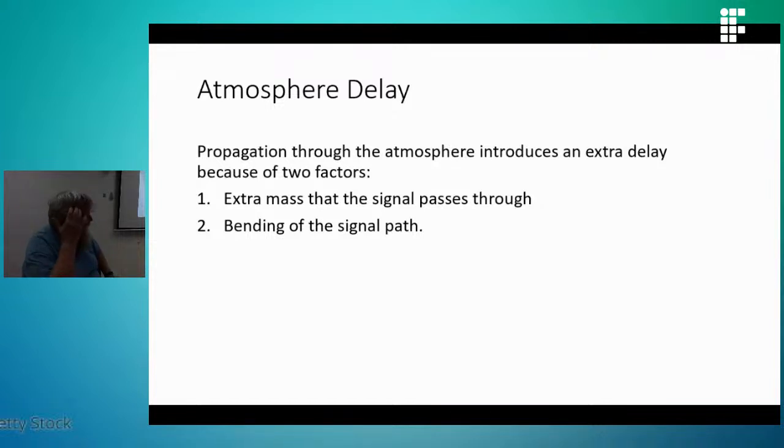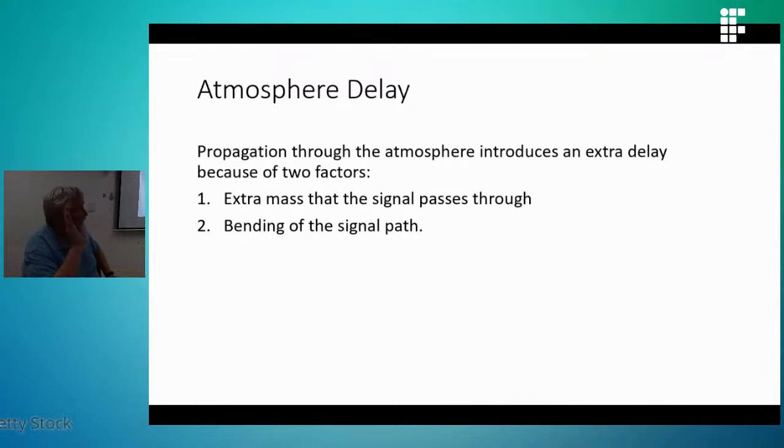So the next thing I'm going to talk about is atmospheric delay. And this is caused by delay as the light signal travels through the atmosphere. And there's two parts to this. One is that, as light goes through a medium, anything, water or air, it's slowed down by the index of refraction.